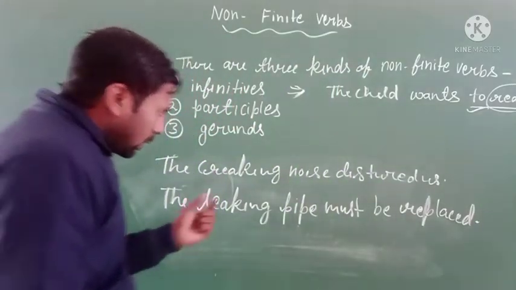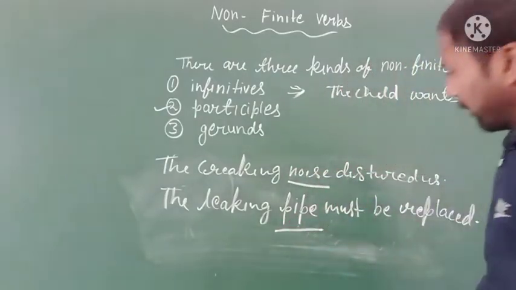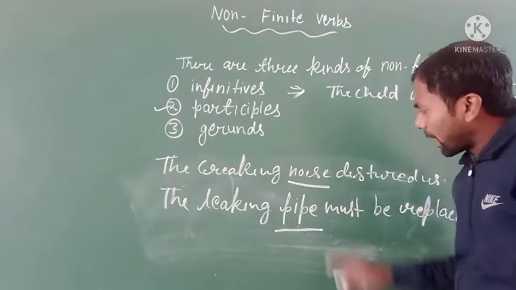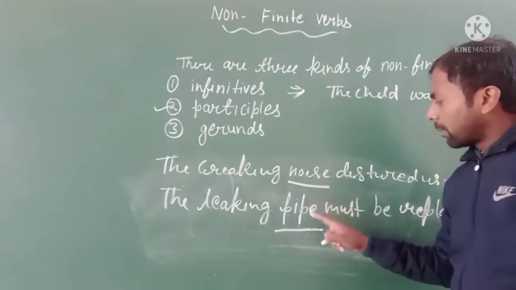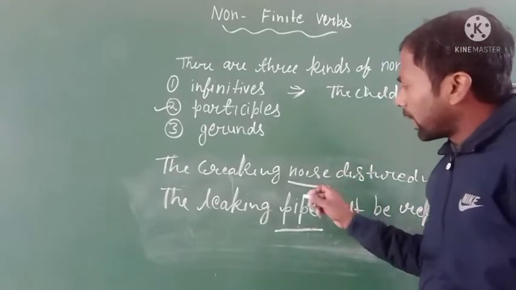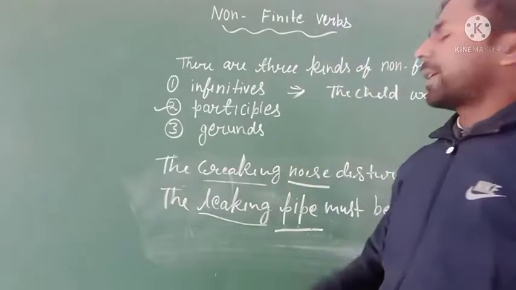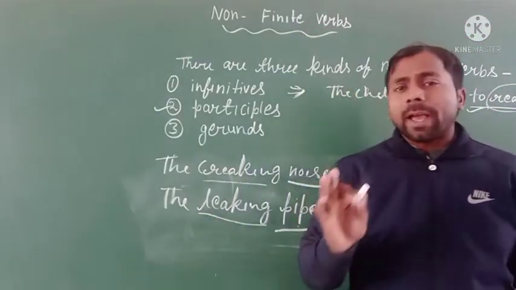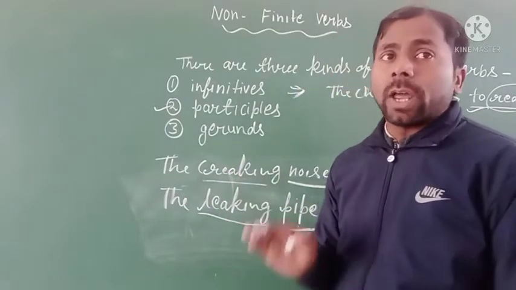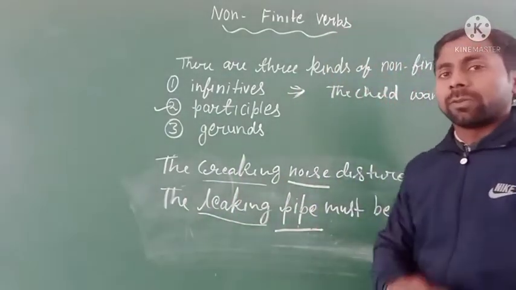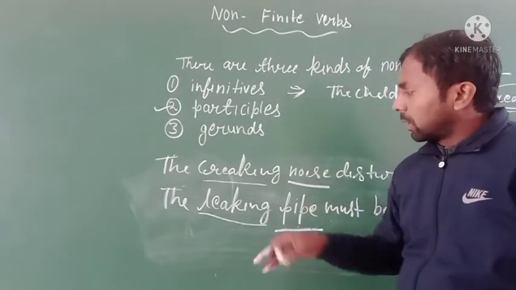You have to see here, noise and pipe are both noun words, and here are leaking and creaking. Leaking and creaking are present participles that have been used as adjectives.